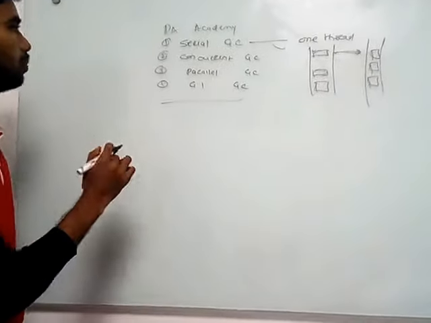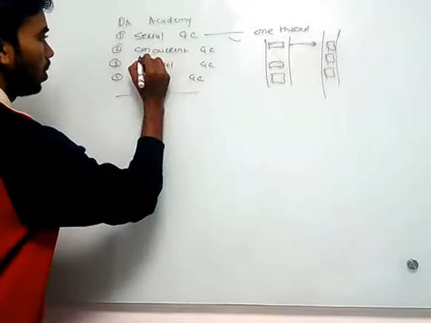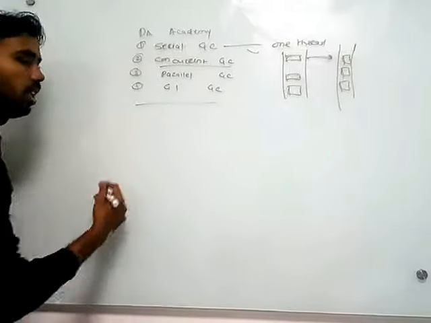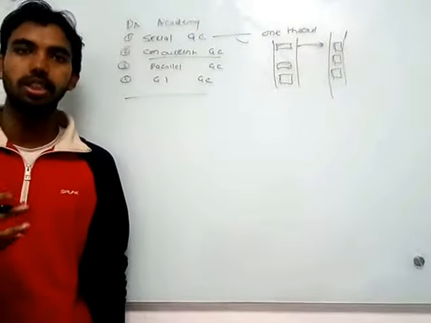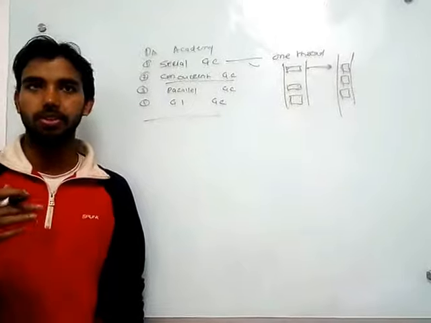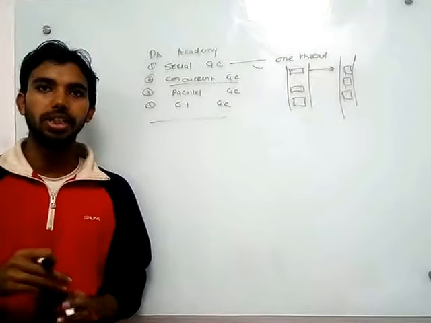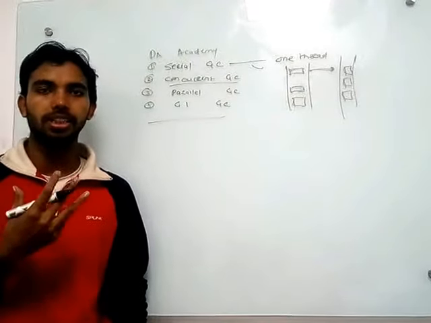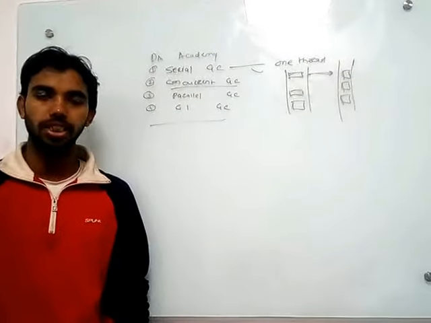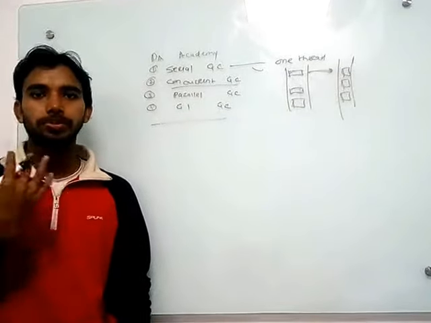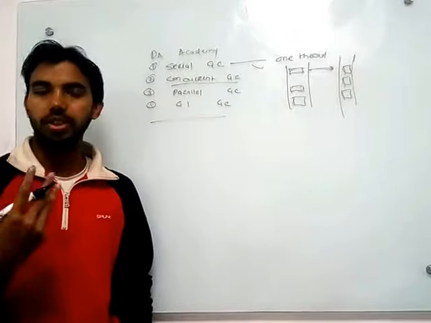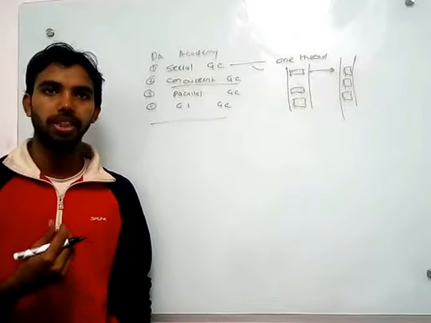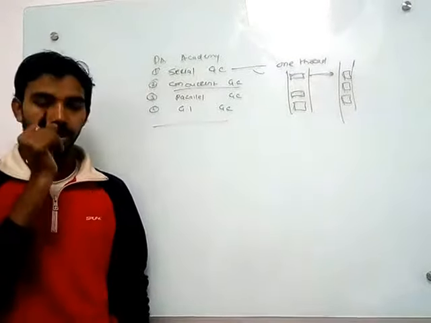Next, the concurrent garbage collection. In concurrent garbage collection, we use many CPUs, meaning more than one CPU. So in multi-threading, when your objects are moving from one generation to the second generation, you are using multiple threads, so it happens in multiple ways.